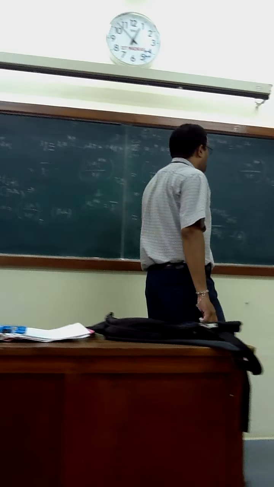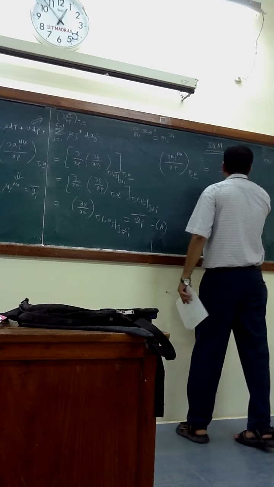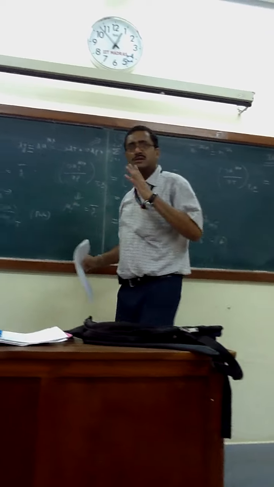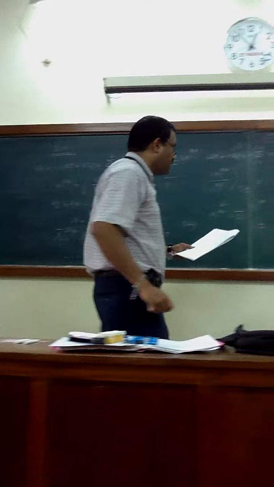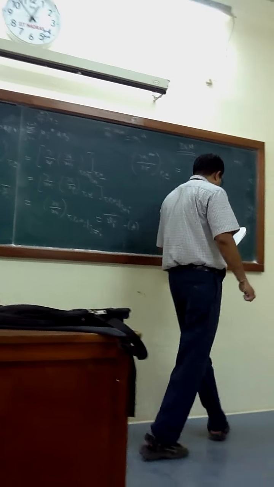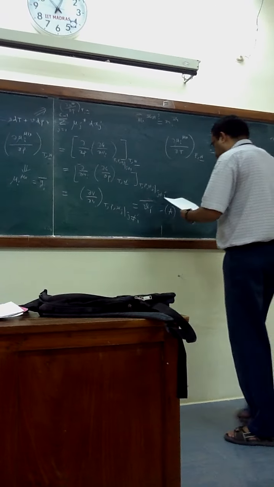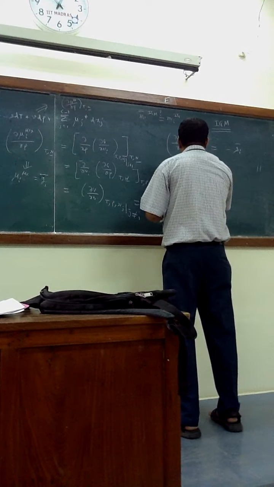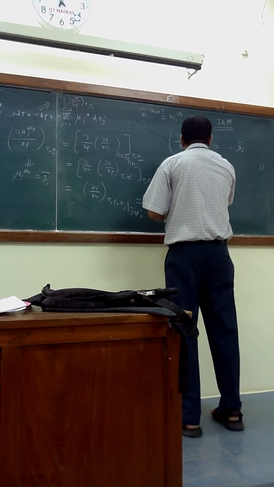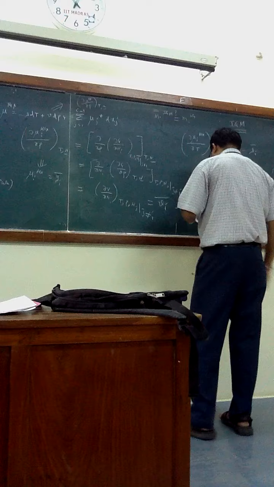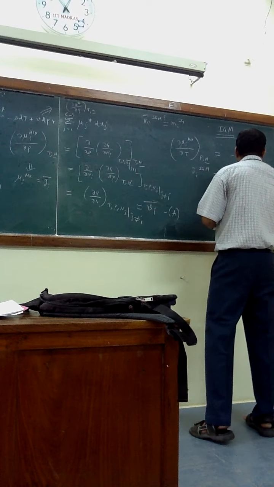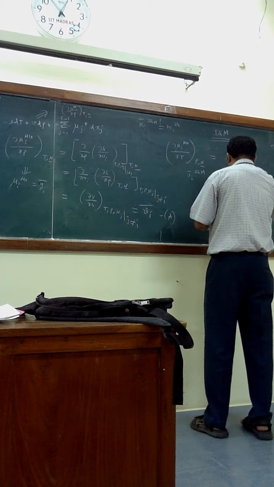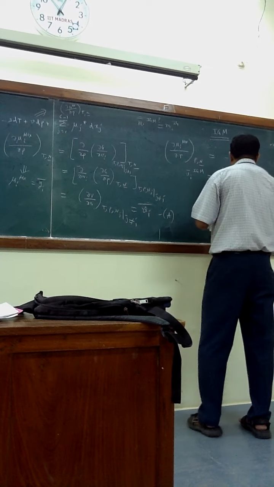Minus S̄_i. All of you got it? Yes, minus S̄_i. So this interesting relationship we got says that V̄_i IGM is nothing but ∂μ_i IGM/∂P at T, n̄.